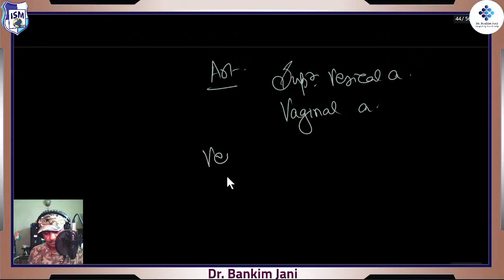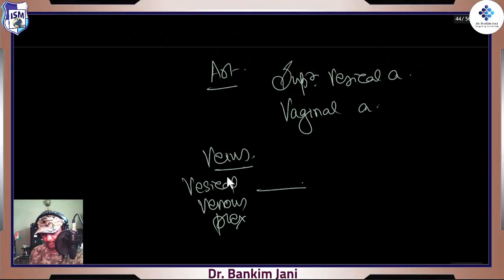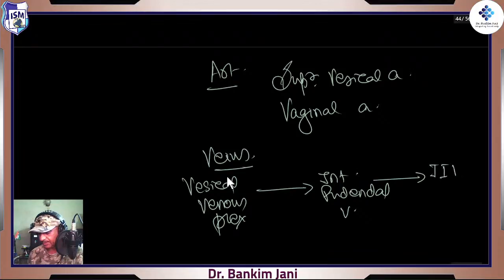Veins remain the same in the form of the vesical venous plexus. From the vesical venous plexus, it goes into the internal pudendal vein, and this internal pudendal vein will finally land in the internal iliac vein.